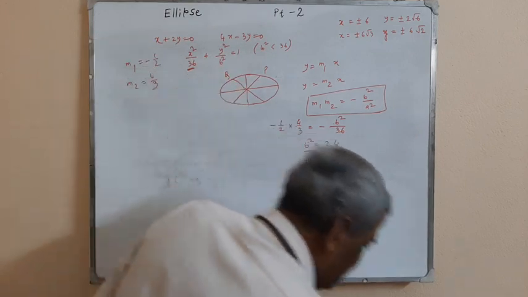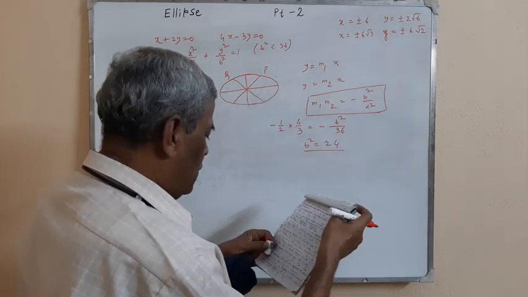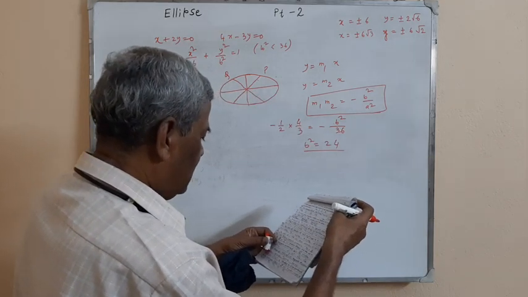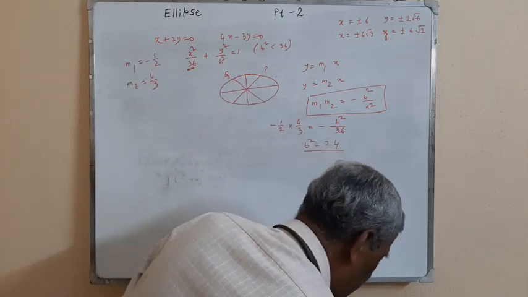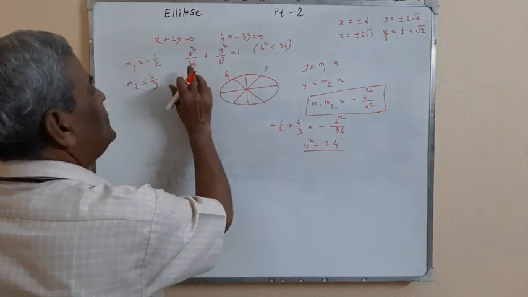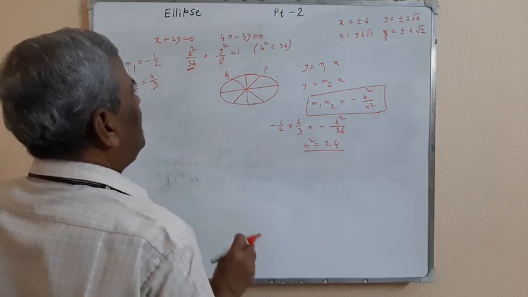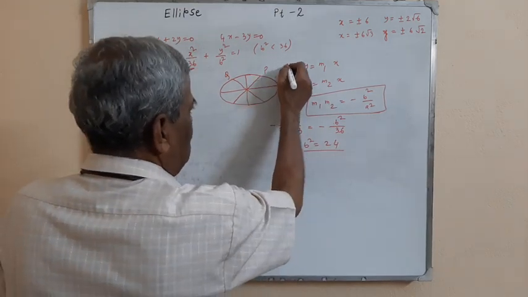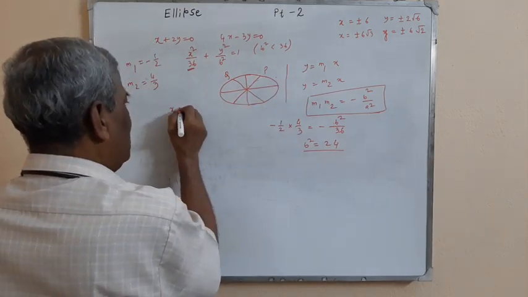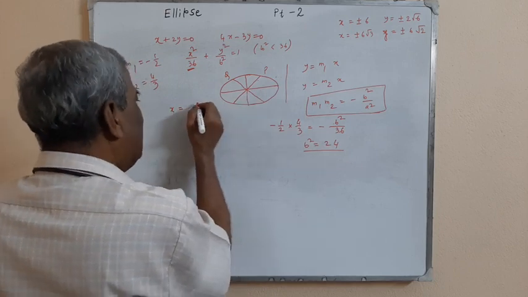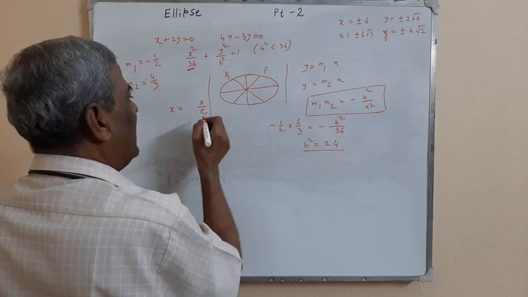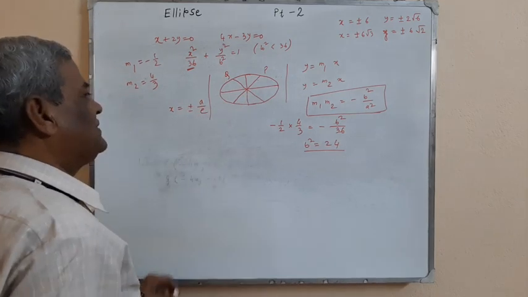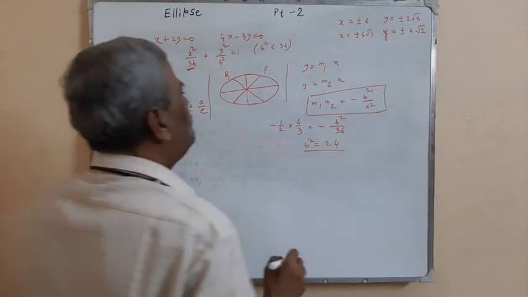We have to find the equation of directrices. This is our major axis. So the equation of directrices is x is equal to a by e and x is equal to minus a by e, that is plus minus a by e. So we have to find e.